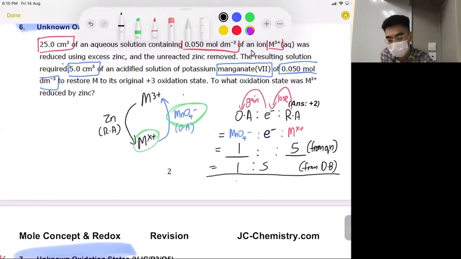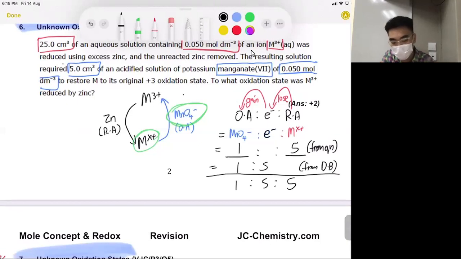Then I will combine all. I mean, of course, I can do it faster by combining them from the start. So 1:5:5. This is the section that, again, another group of students will make mistakes. You must remember, MX plus is trying to be oxidized back to M3 plus.